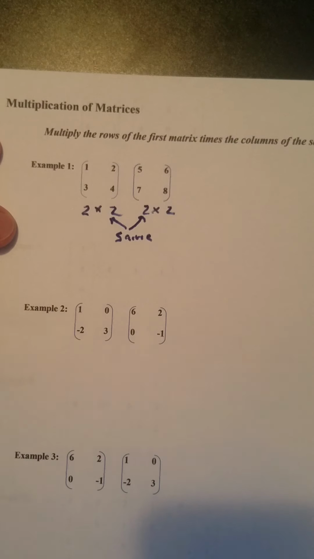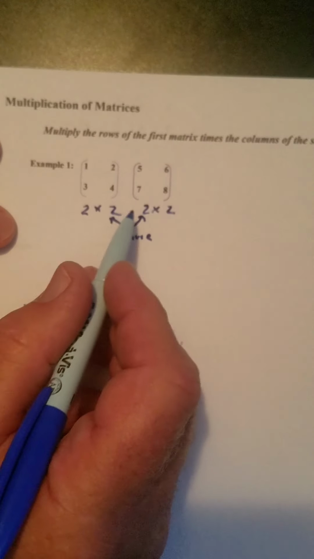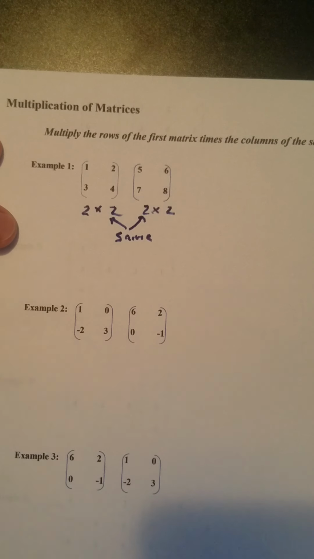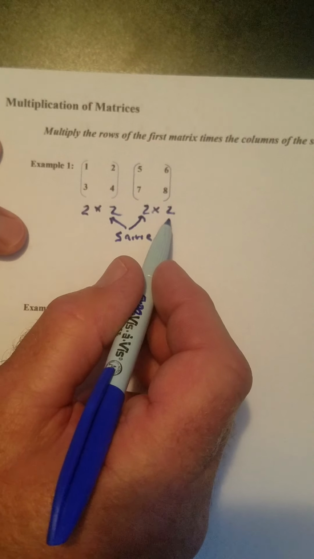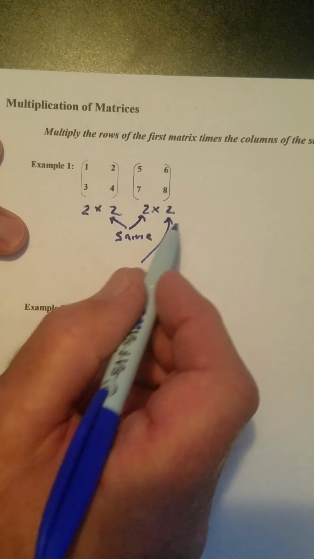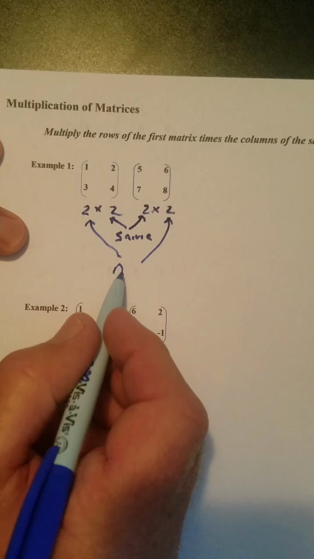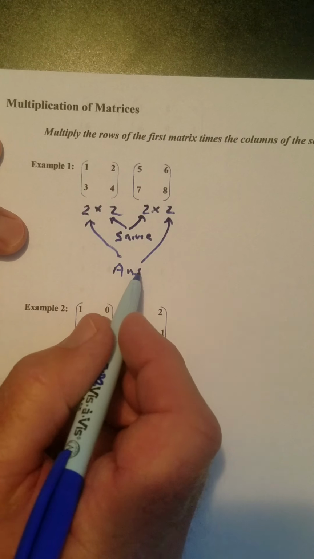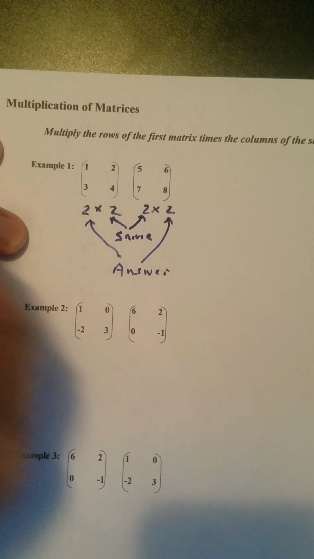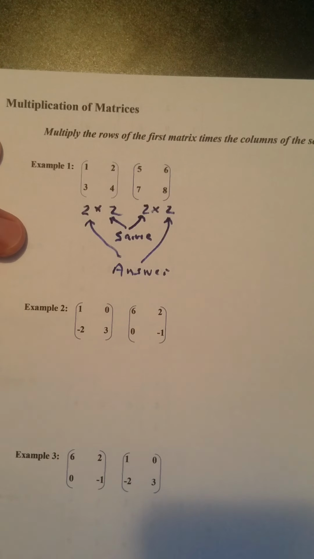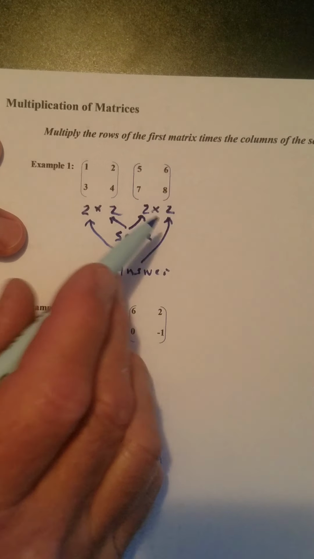You cannot multiply any 2 matrices. You have to have those 2 numbers match before you can. Now, the outside 2 numbers give you the dimensions of the answer. This will make more sense in a little bit. So my answer is going to be a 2 by 2.